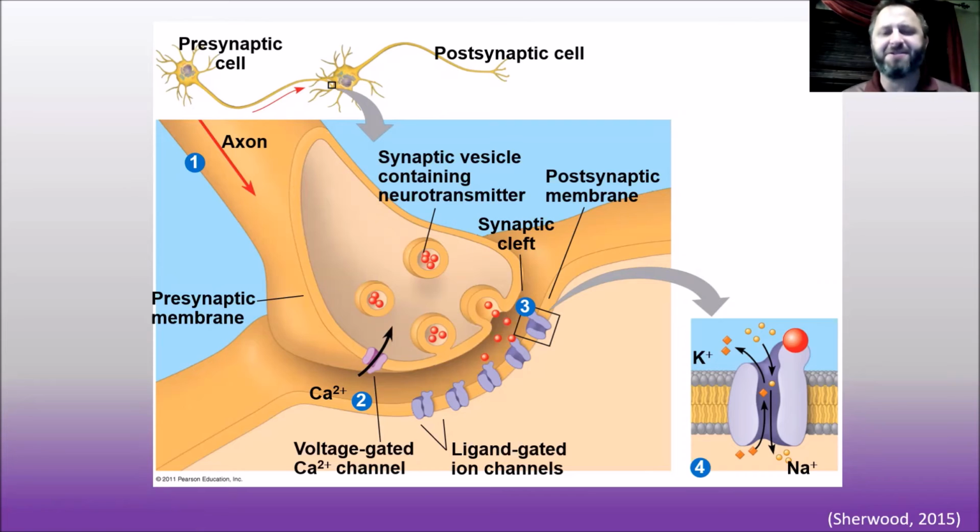It's a very small space, but they don't touch. That cleft is where the neurotransmitters are released, where they then bind with the postsynaptic membrane, or at least ligand-gated ion channels on it, that then open up and allow ions to cross, transferring that electric charge.